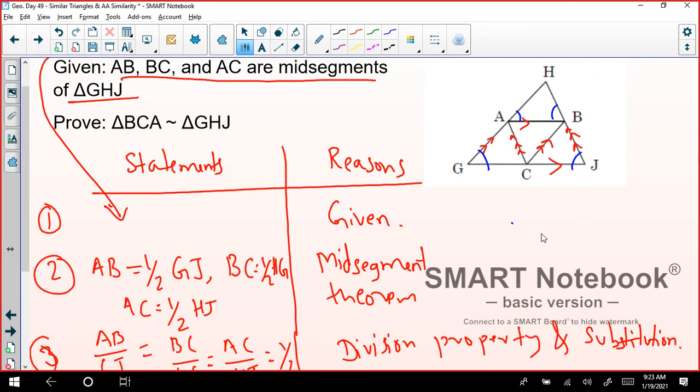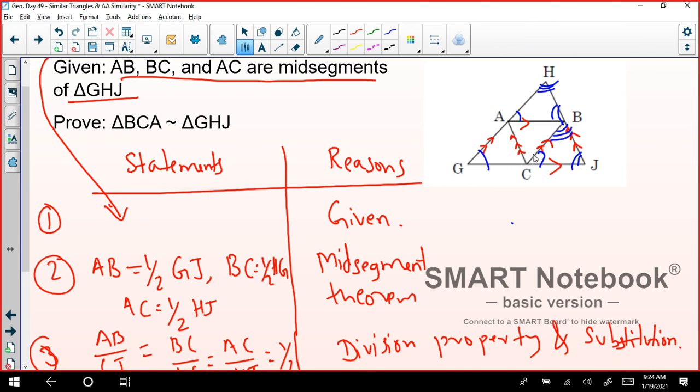And further, if this line is parallel to this particular line, then this angle is also going to be equal to this angle by the corresponding angles postulate. Let me use two arc lines for this one. So all these are equal. Further, if I have this at three arc lines, this is also going to be equal to three arc lines.